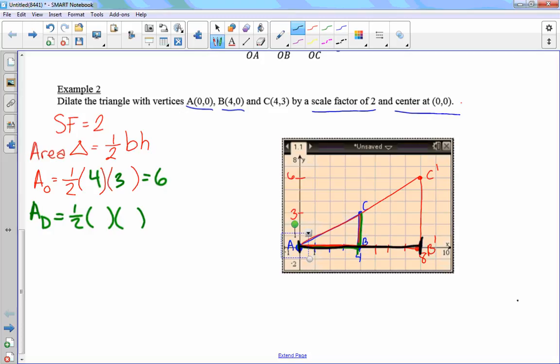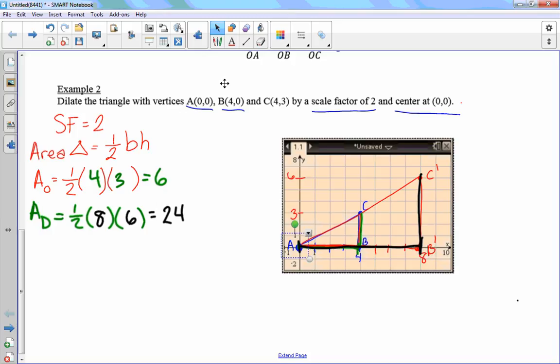Okay, how tall is that? What's the height of our dilated triangle? 6. Okay, 8 times 6. What's 8 times 6? 48 divided by 2. 24. So when the sides all doubled, the area doubled.